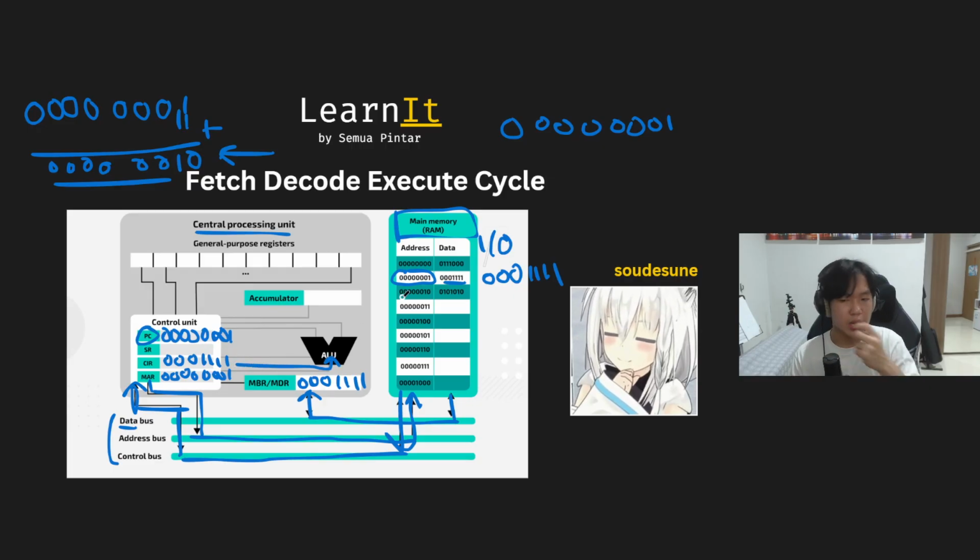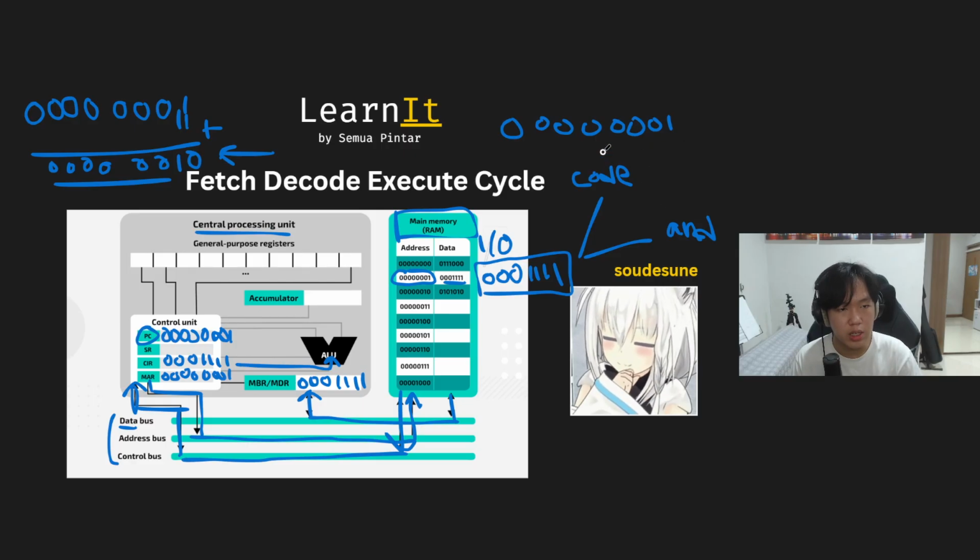Now, this data right here, the 0001111, contains both opcode and operand. And as I said before, the opcode is essentially the symbol. So let's say addition, subtraction, multiplication, division, and so on. And the operand here is the input data. So it has both things, and then it gets sent to the ALU.